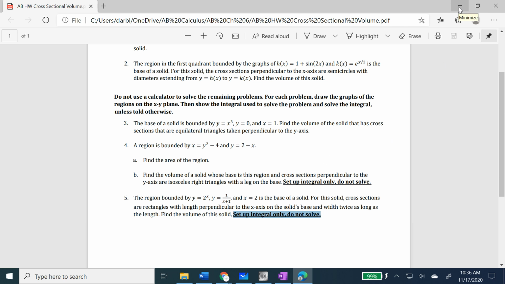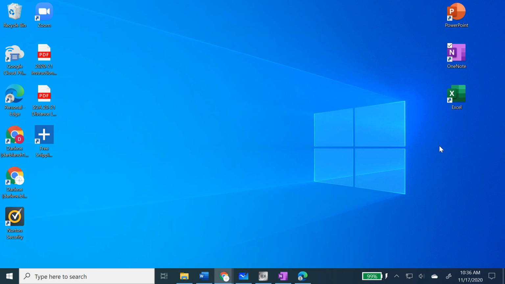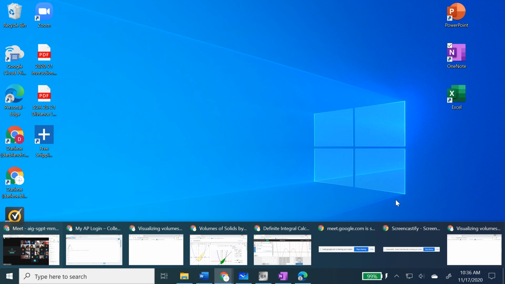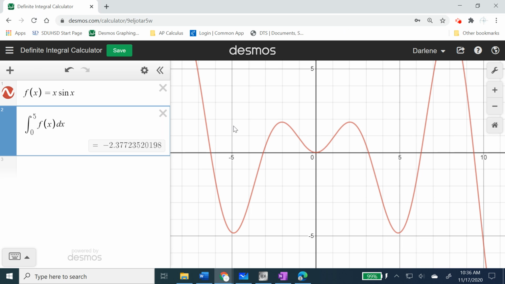Now, for the quiz, if you do not have a graphing calculator, some of you don't have graphing calculators. So you have Desmos. So I want you to listen real quick and I will explain to you how you can do everything with your calculator.